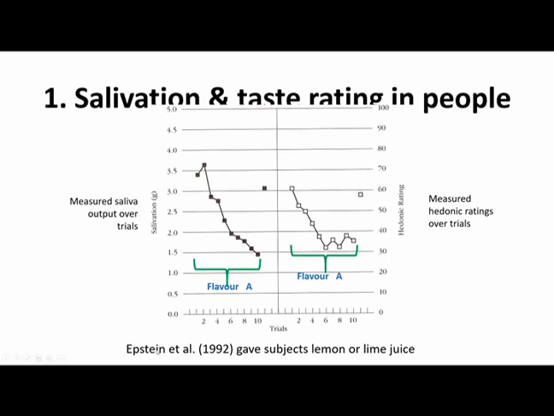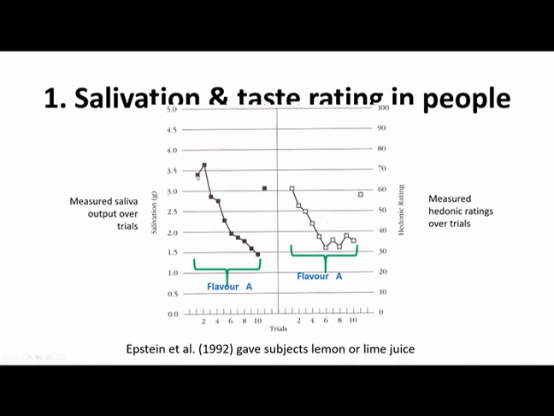In this experiment by Epstein and colleagues, they gave subjects either lemon or lime juice. Our black lines here are looking at their measured saliva output over trials. So how much did their mouth water when they were given a taste of either lemon or lime juice? And then on this side, we have their ratings of how pleasant the taste is.